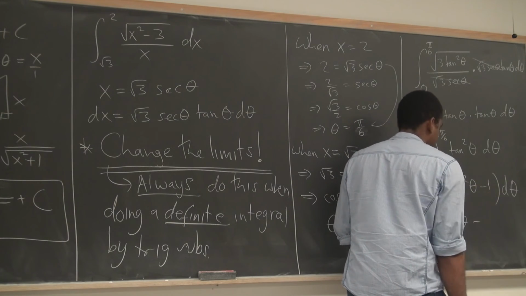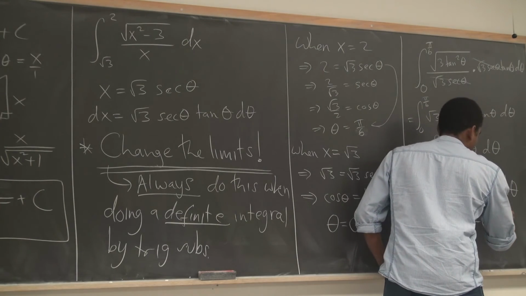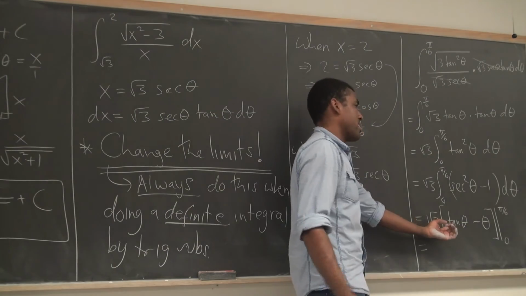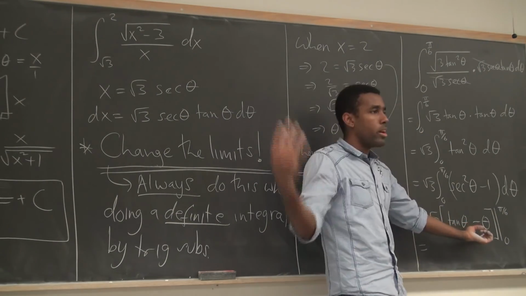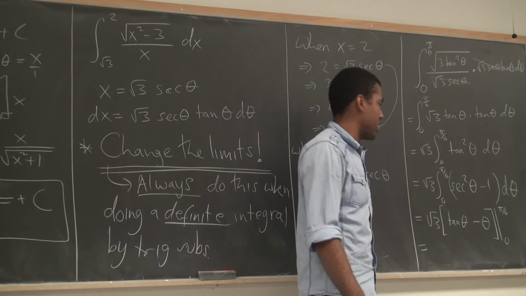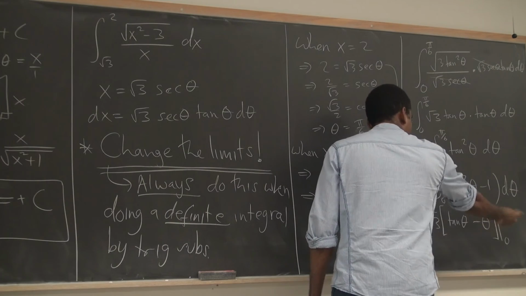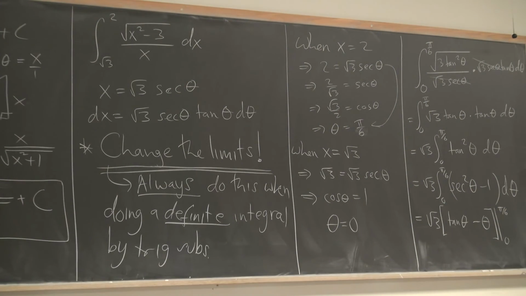What's the integral of 1? Theta. This is going to be between 0 and pi over 6. So remember, at this point, if I didn't change the limits, I'd have to go figure out what is tangent, what is theta. I get an inverse trig function and everything. But now we can just plug these numbers directly into the theta. Let's move it over here.